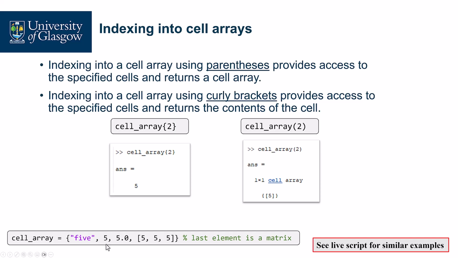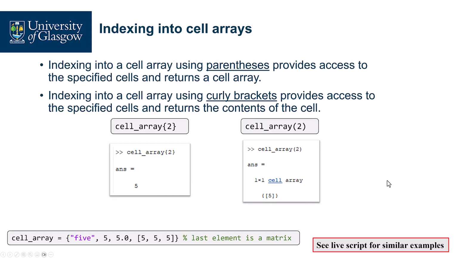The second cell is here, the content is 5. You can see this 5 is not a cell array anymore, it's just a double variable, a number, right? So this is the difference. The 2 ways, using parentheses or curly braces, are both okay to access the elements of the cell, but the return data type is different.